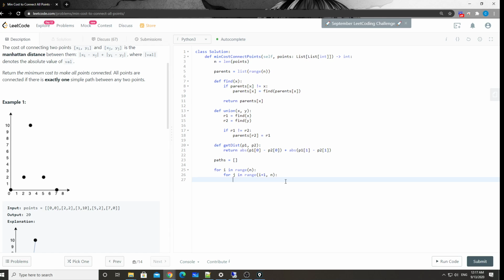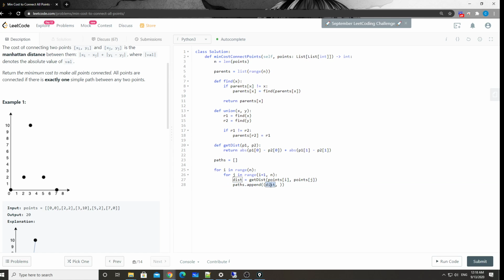And the distance is get distance of points i and points j. For each edge of the points pair, I'm going to append to the path list.